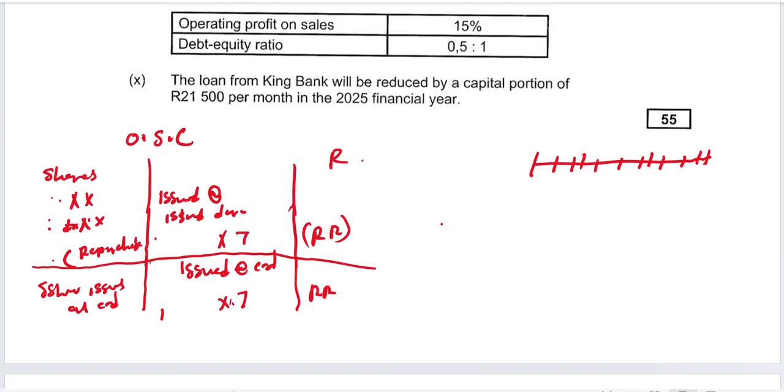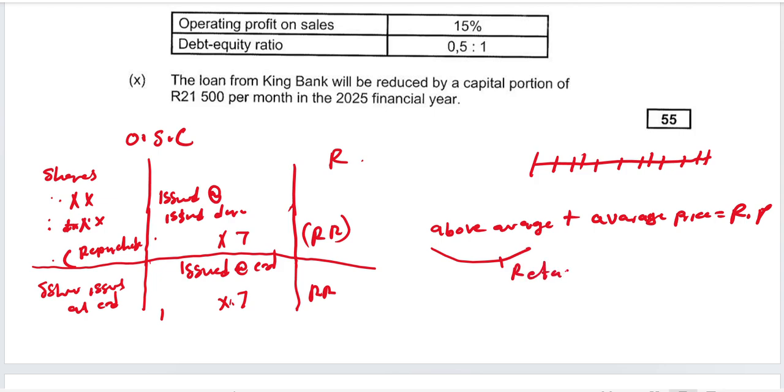We know that the repurchase price is above average plus average price. We use this above average in retained income. We use the average price in ordinary share capital, and the repurchase price in cash flow.